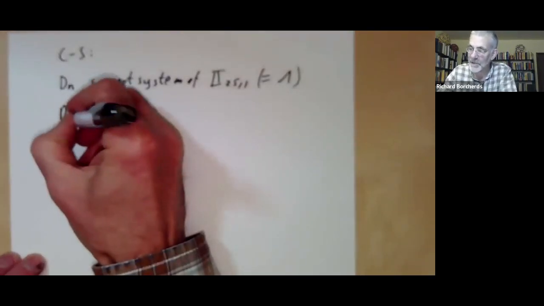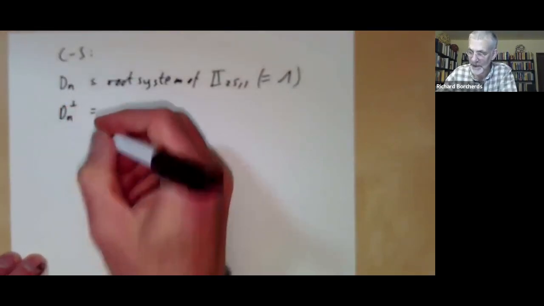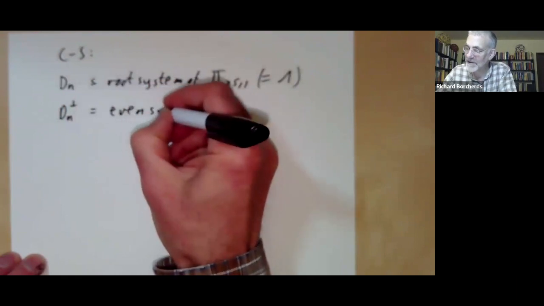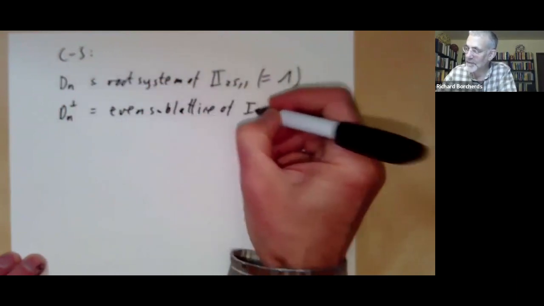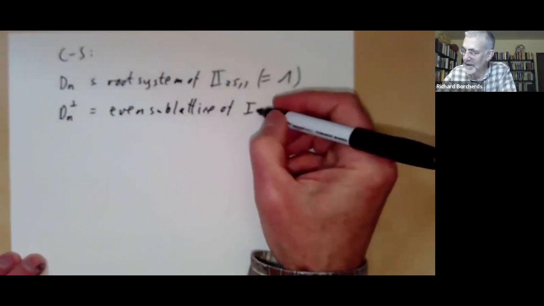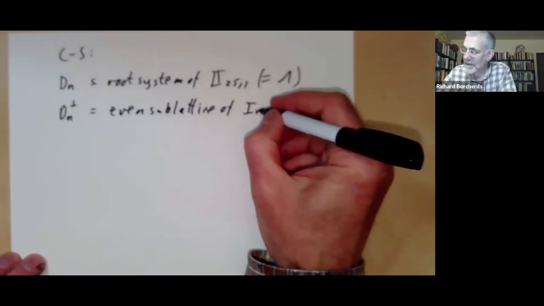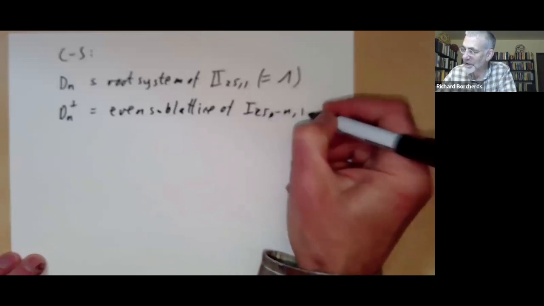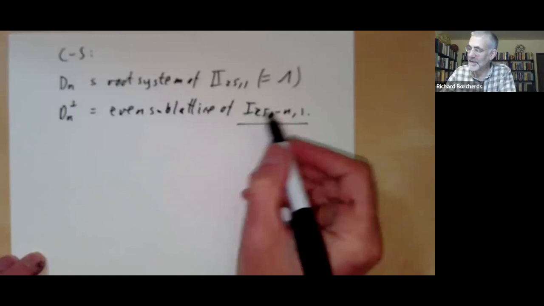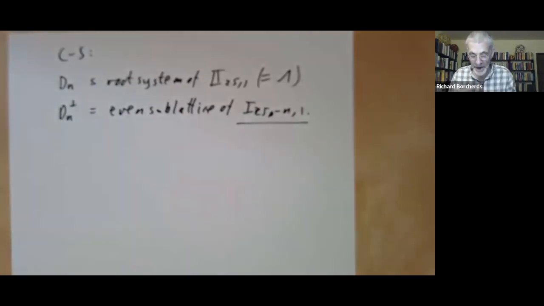Then the orthogonal complement of D_n is just the even sublattice of I_{25-n,1}. And this was the lattice that Vinberg was working out the Dynkin diagram of.